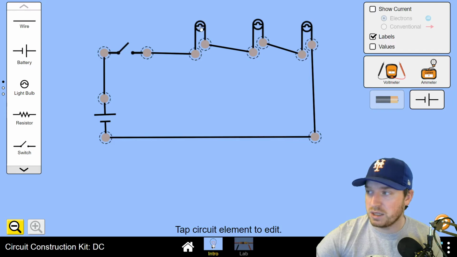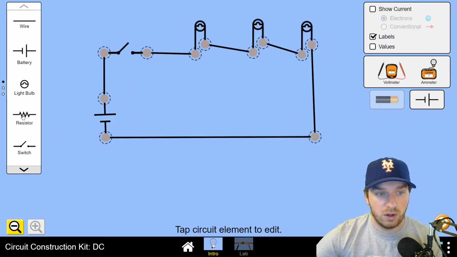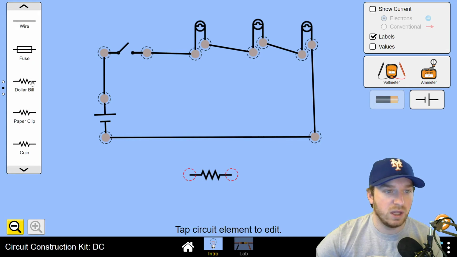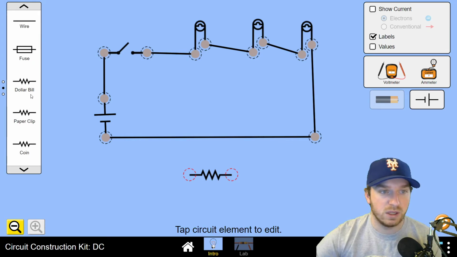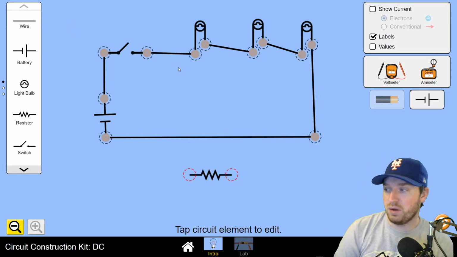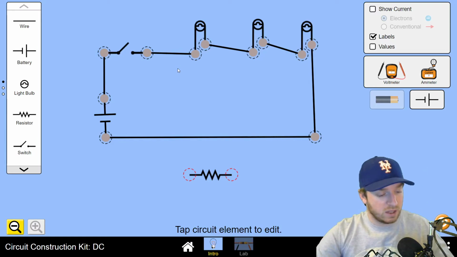Now they just do it as a little bump and then a circle, and wires connecting all of it. You'll notice the resistor, if we throw in a resistor, still has that zigzag mark to it. And so there's a whole bunch of other different things. They use dollar bills, paper clips, coins as just resistors, because they limit the flow of current.